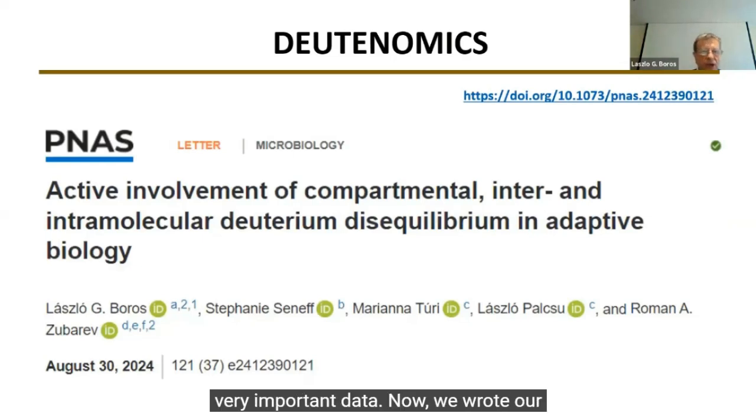Now, we wrote our letter, which we're going to go through, just covering the major points, just to see how we designed this letter. Dr. Stephanie Sanafis is from the Massachusetts Institute of Technology, from the Artificial Computer Laboratories. Two of our co-authors are from Debrecen, from the Nuclear Atomic Research Facility and Institute.